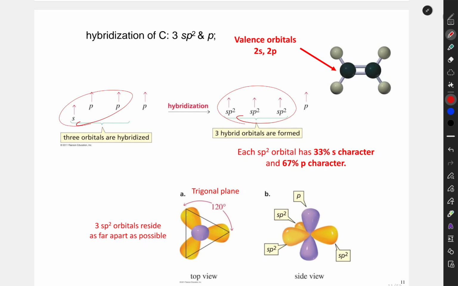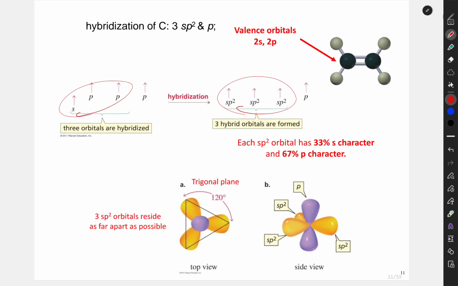Each sp2 orbital will have 33% s character and 67% p character, a lower amount of p character as compared to an sp3 hybridized orbital. And there is one remnant p orbital in this model.